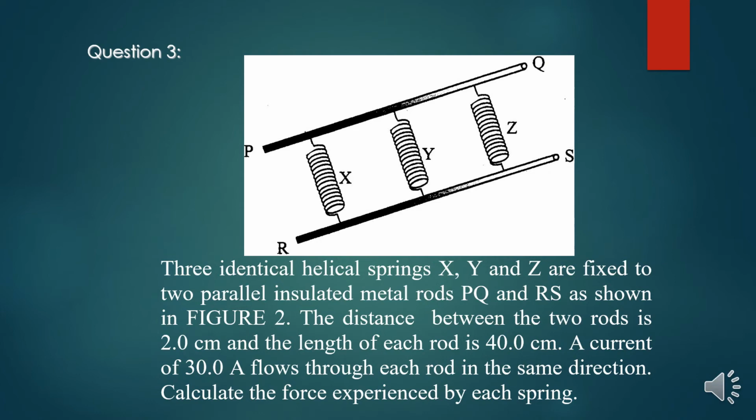A current of 30.0 ampere flows through each rod in the same direction. When the question says that electric current flows in the same direction, we need to know that an attractive force will exist. So now we need to calculate the force experienced by each spring.